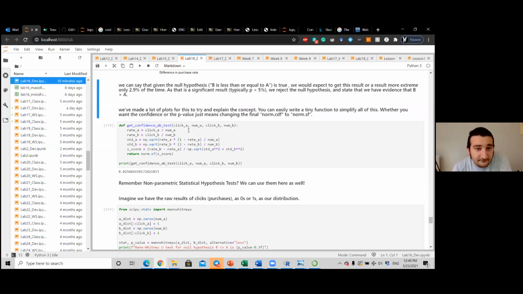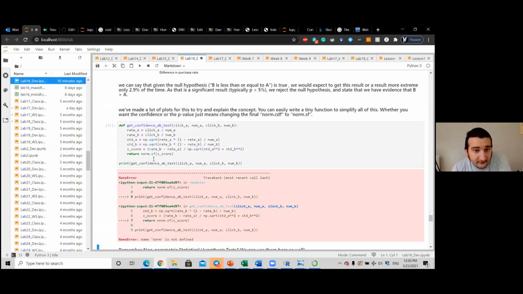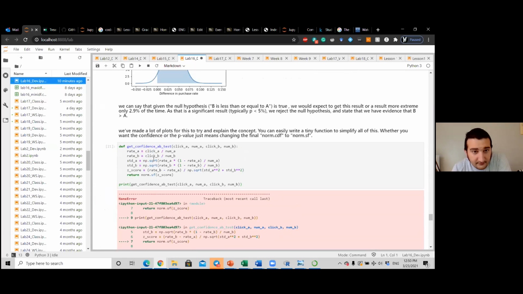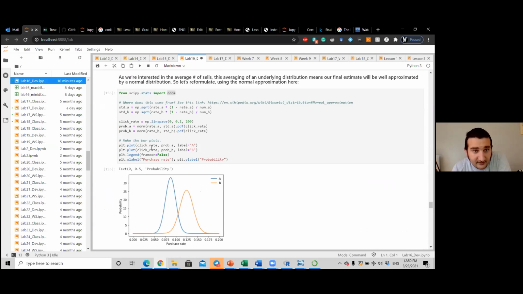We need number of clicks for group A, how many customers we had in group A, number of clicks in group B, and how many customers we had in group B. We are going to calculate the rate, the standard deviation, the z-score, and get the result that we want. Oops, name norm is not defined. Yes, that's my bad.